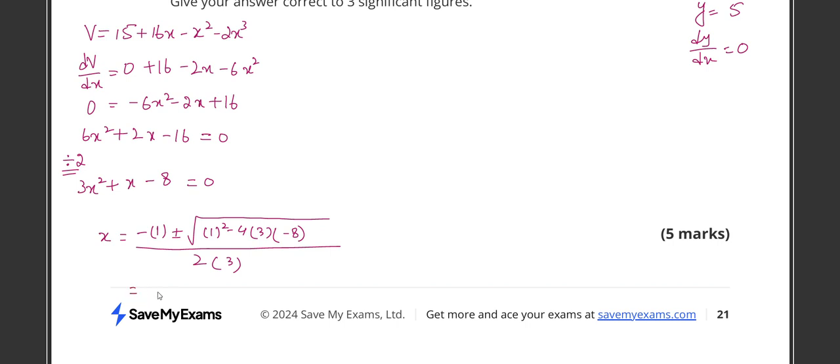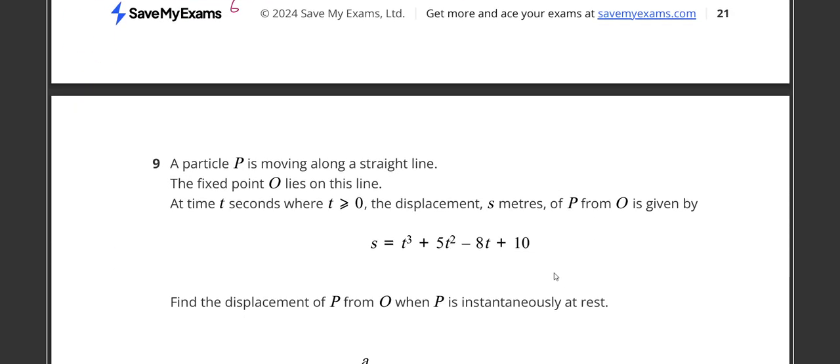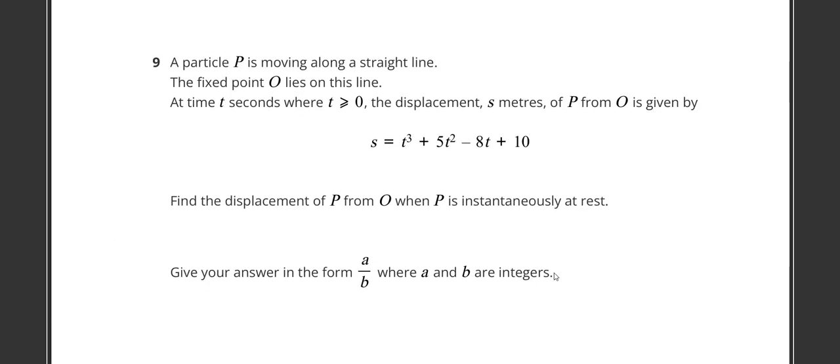So that we can have here minus 1 plus minus root of, so this would become 97 over 6. Now just put in the calculator and get two values, and they should be in three significant figures.